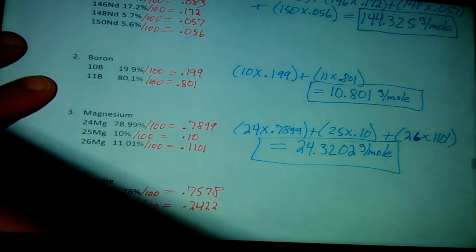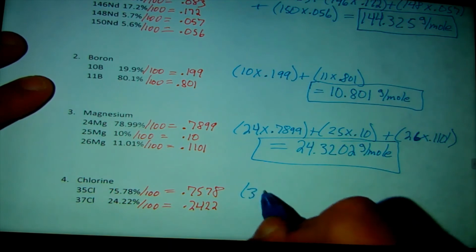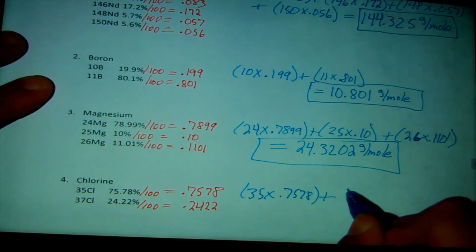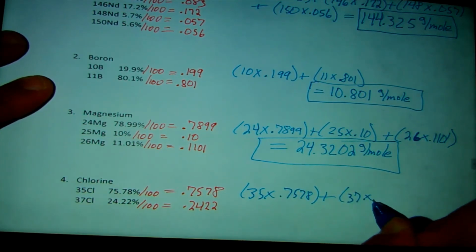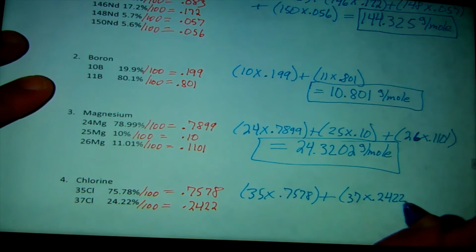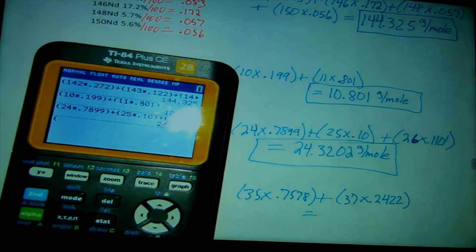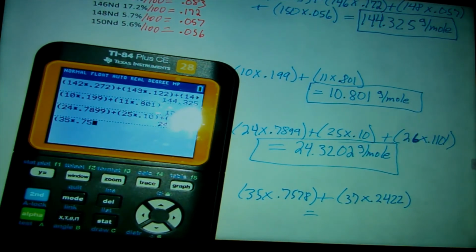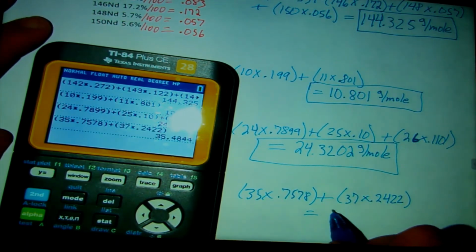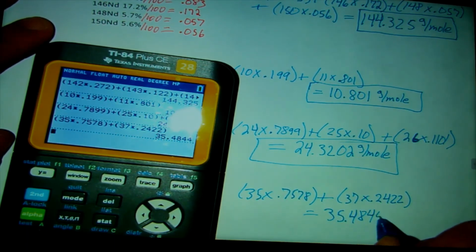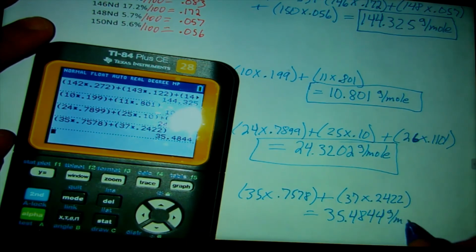Then we're going to do some math. 35 times 0.7578 plus 37 times 0.2422 will equal to, punch this in a calculator, parentheses 35 times 0.7578 in parentheses plus 37 times 0.2422 equals 35.4844 grams per mole.